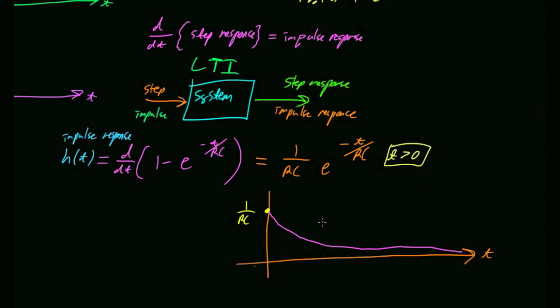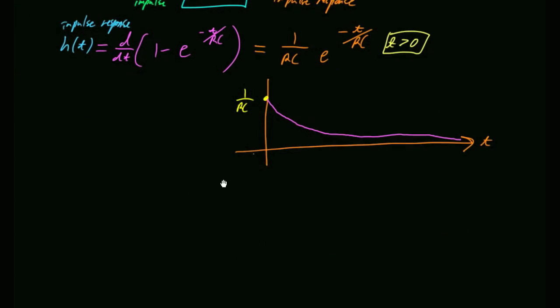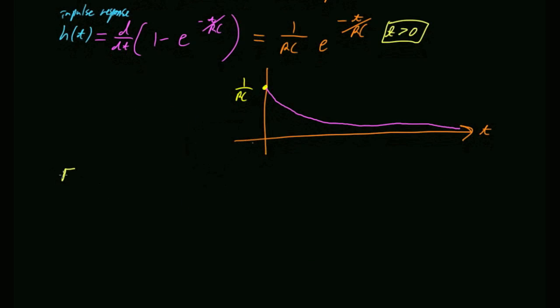We're good to go. Now what we're going to do is take the Fourier transform of the impulse response of the system. That's right, the Fourier transform of the impulse response of the system.